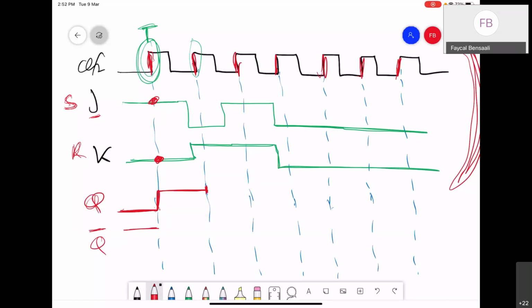The second rising edge, what is the value of J and K? Oh, come on, you answered this question before, and now you don't know how to answer it. What is the value of J and K?